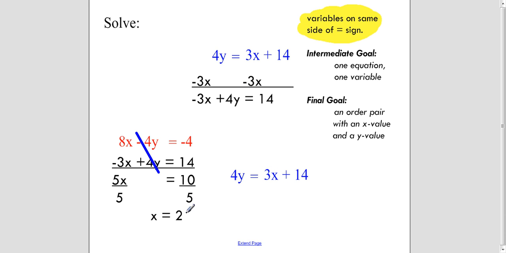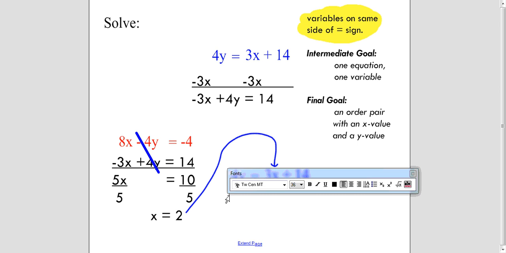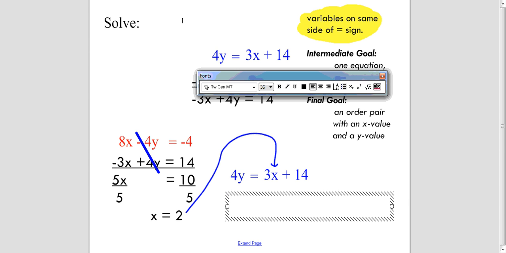So now when you do this, let's keep the 4 and y, and the x in the 3x is going to become a 2.